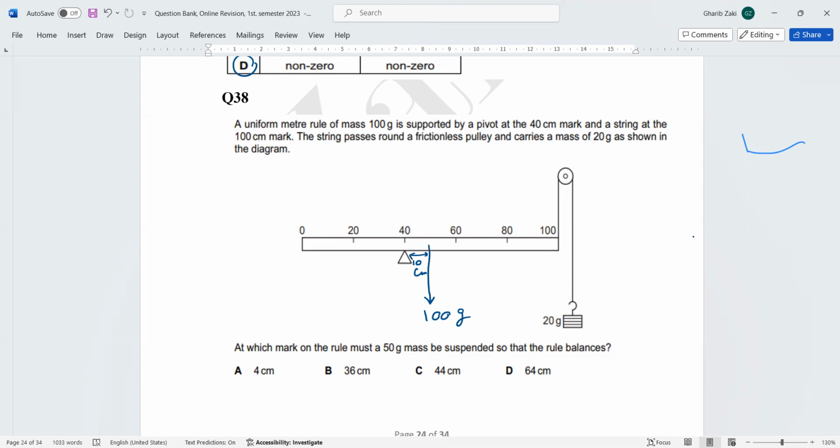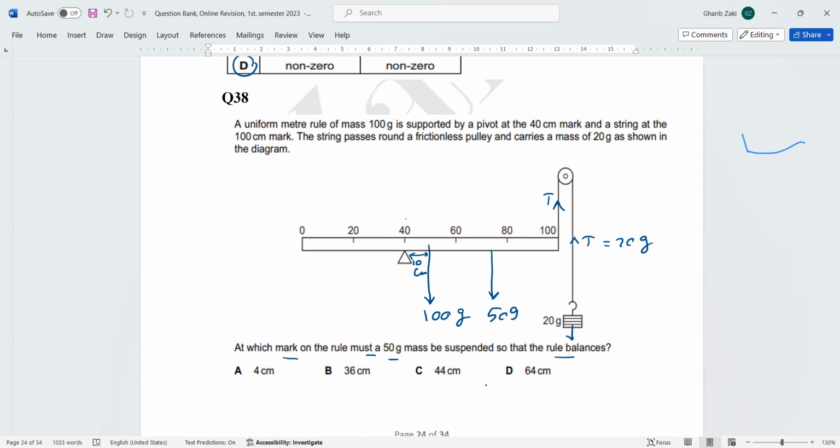And here we have the tension. This is the tension. Now, the tension here equals 20. Now, he said at which mark on the rule must a 50 gram mass be placed so that it is balanced. Let it be here. So this is 50 gram.